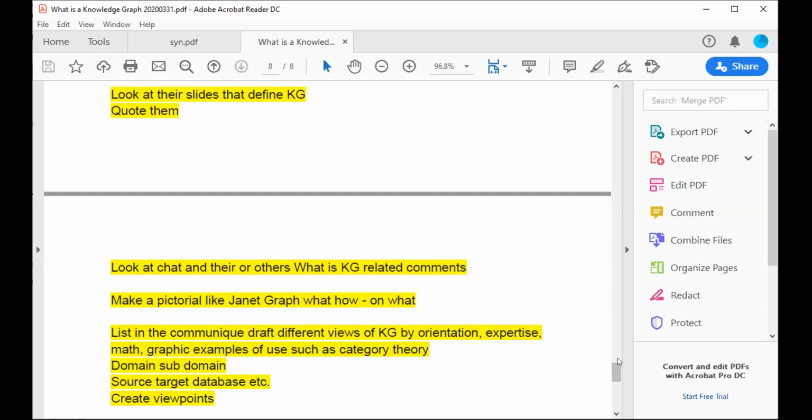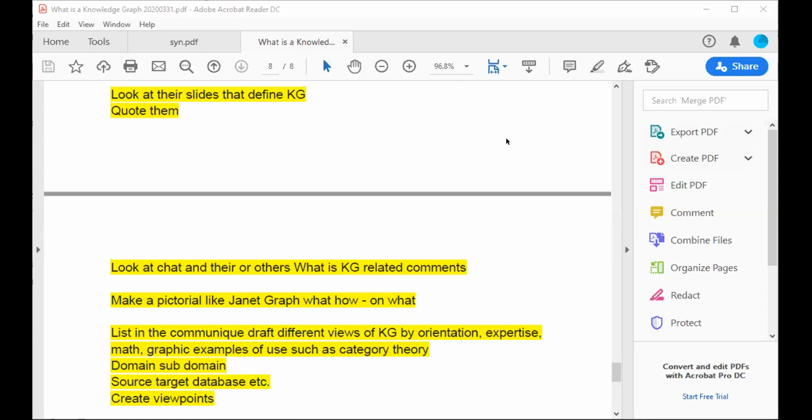So the thing is that this problem has been there. We've been discussing for a long time the notion of what a knowledge graph is and so on. So I think, as the point has been raised, in this particular communique we need to represent perspectives, okay? I don't think we can come up with a single definition at this stage, although I have my own view of what this is all about. But that doesn't mean that you agree with my view.